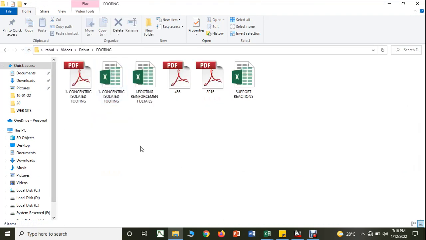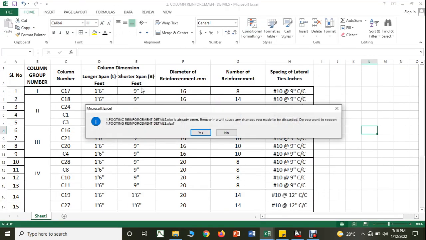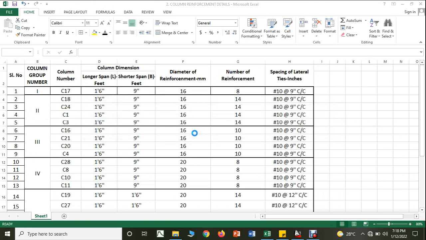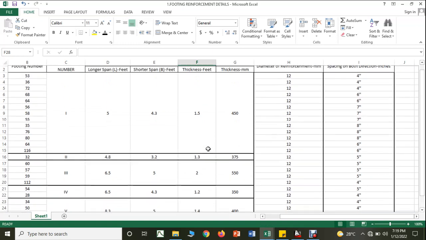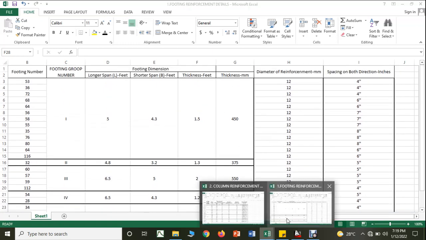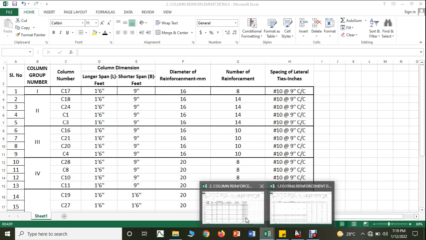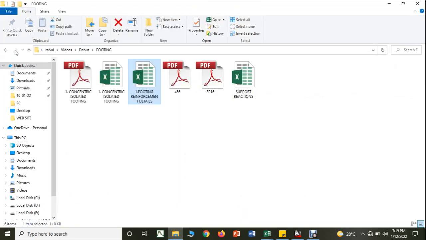Let us open the footing reinforcement details now. So this is the footing reinforcement detail, and this is the column reinforcement detail.